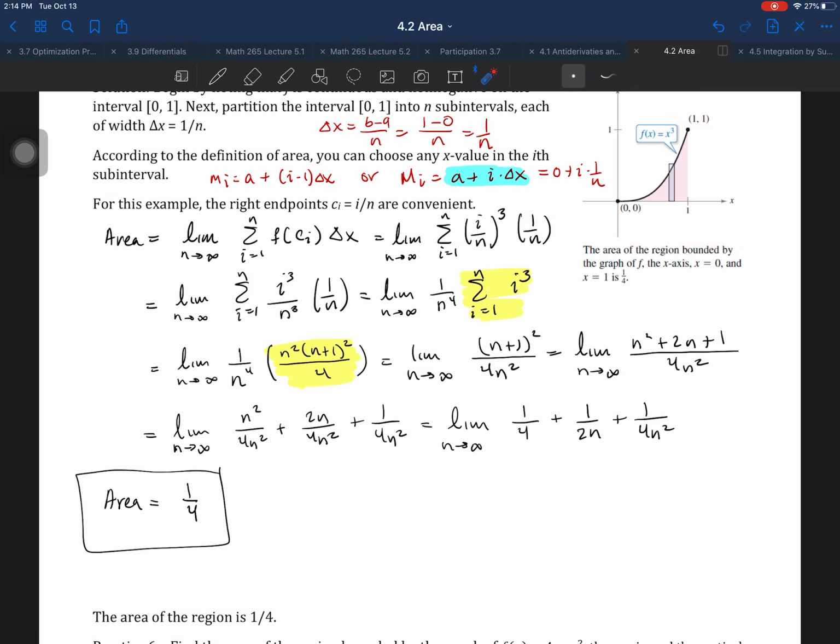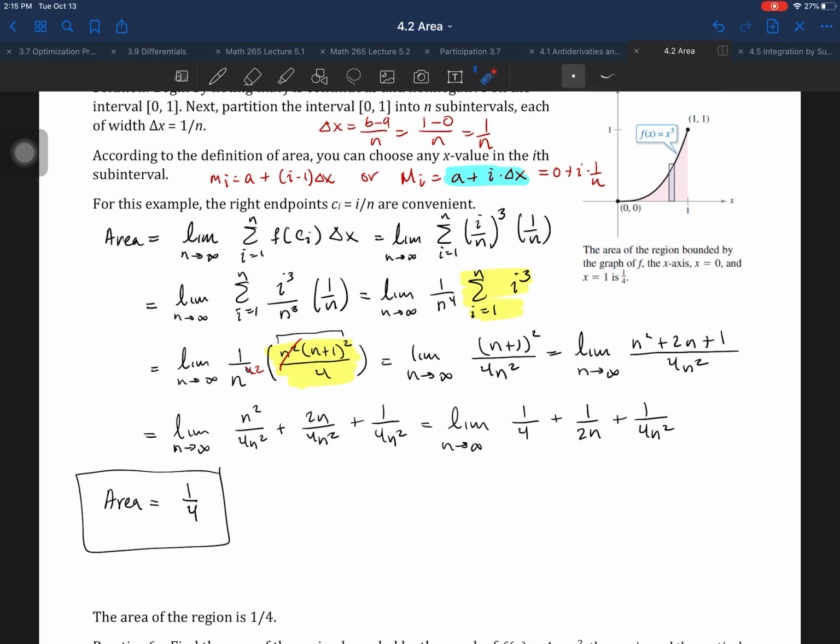Now, you can expand this if you want to, but it does make sense for us to simplify first. So the n squared and the n to the 4th will simplify to just be n squared. So now you have 4 times n squared for the denominator, and for the numerator we have n plus 1 squared.